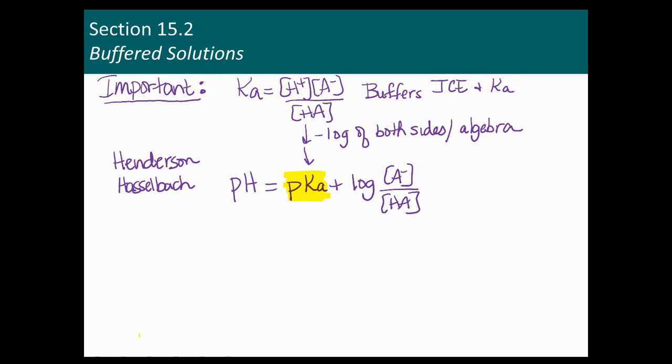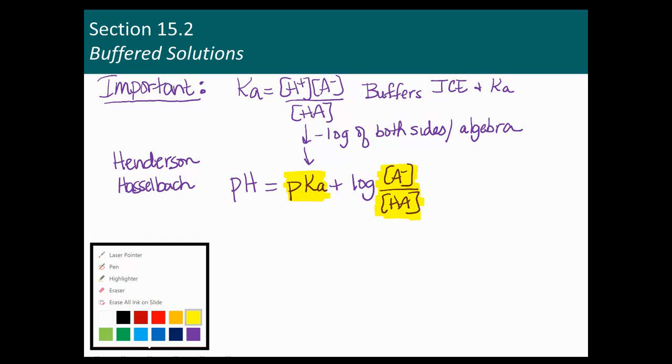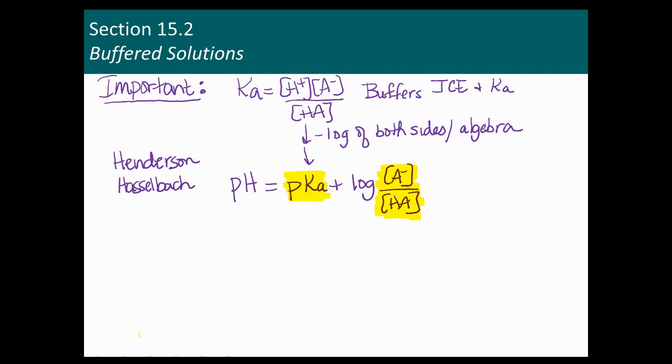And then the second thing that's so important is that the ratio of A minus to HA determines the pH of the buffer. And it's just so much clearer and spelled out in this version versus this version. This one is, in my opinion, a lot easier.